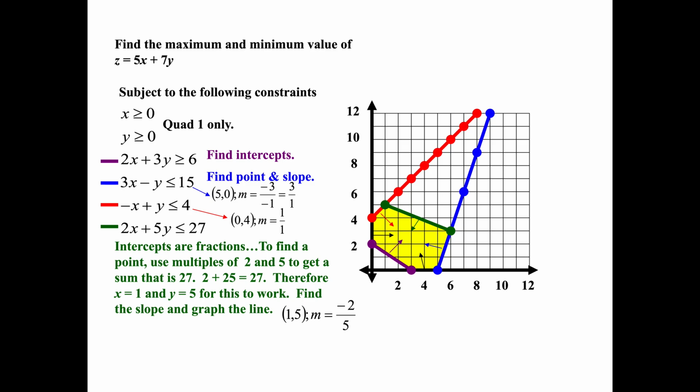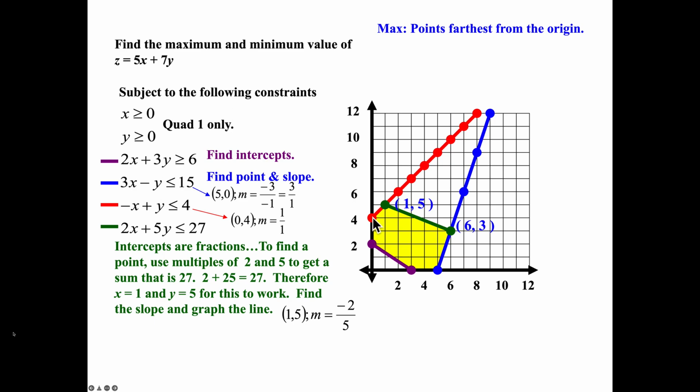All right, so let's go find our vertices. So we're at 1, 5. We're at 6, 3. Let's go find our maximum points. Again, another pattern would be to find the vertices that are the furthest away from the origin.